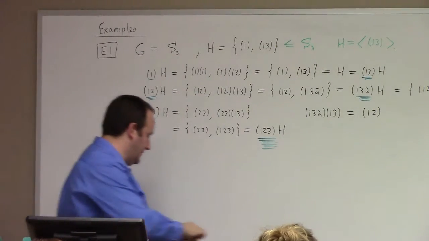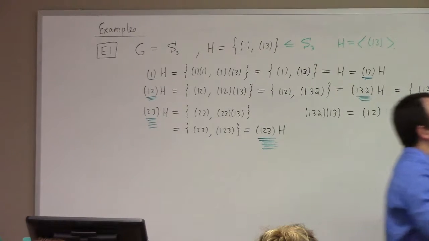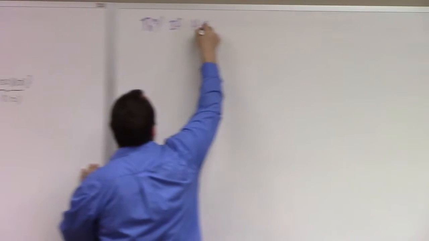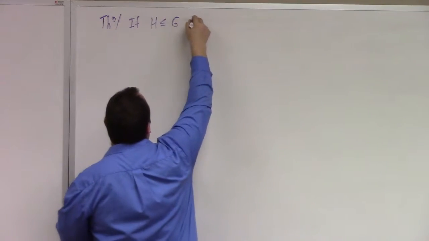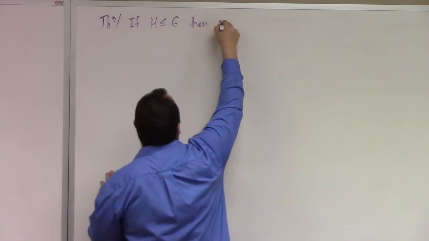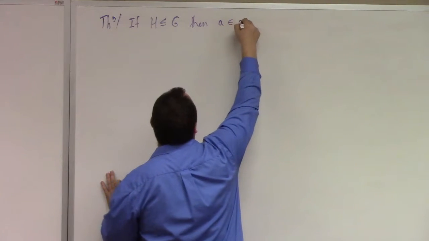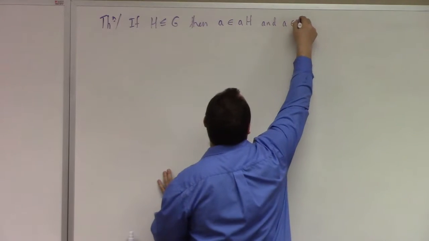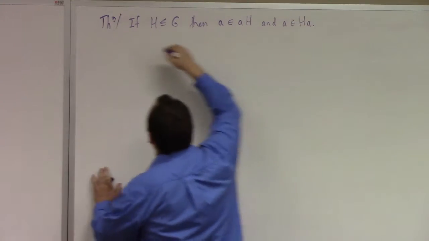And we have a theorem, right? First of many theorems from today: if H is a subgroup of G, then a is an element of aH, and a is an element of Ha. How can we prove this theorem?